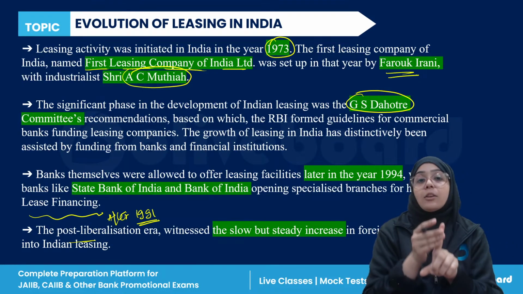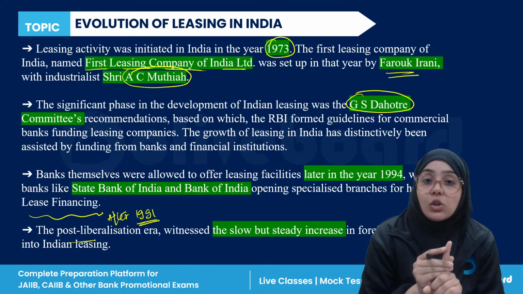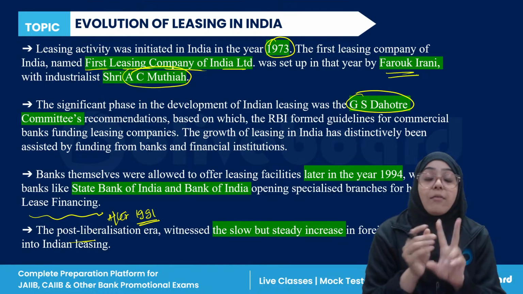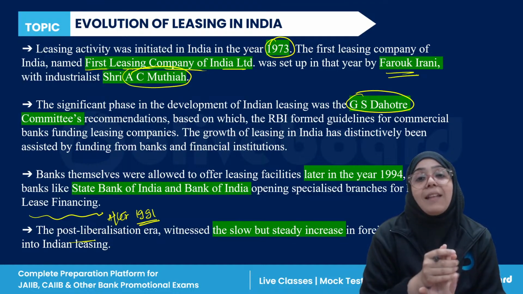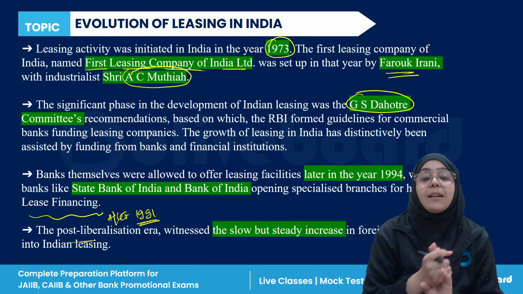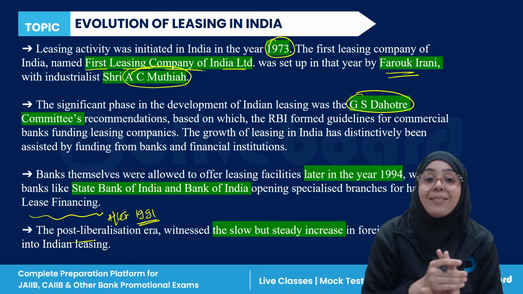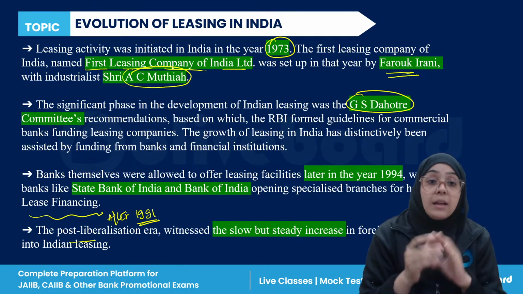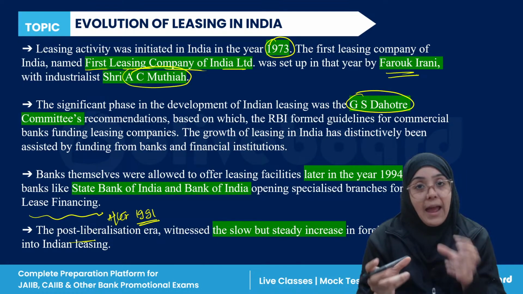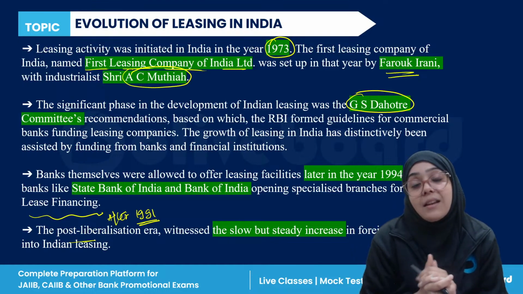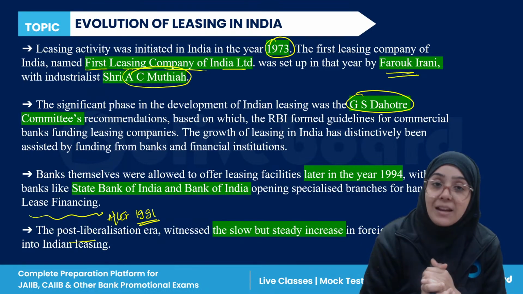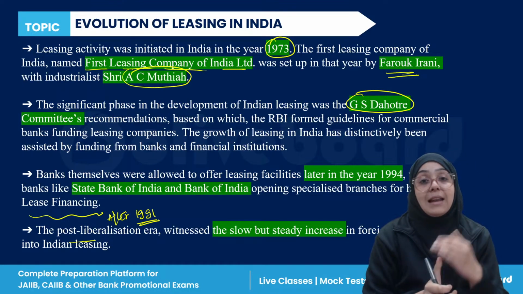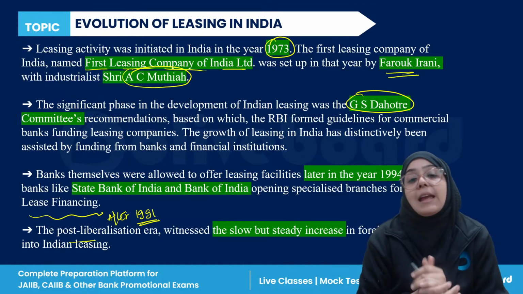So first of all, the leasing activity was initiated in the year 1973. The very first company was the First Leasing Company of India Limited, set up by Farooq Irani with the industrialist AC Muthia, right? Second, the significant phase: according to the GS Dahotre committee's recommendation, the leasing system developed in India.